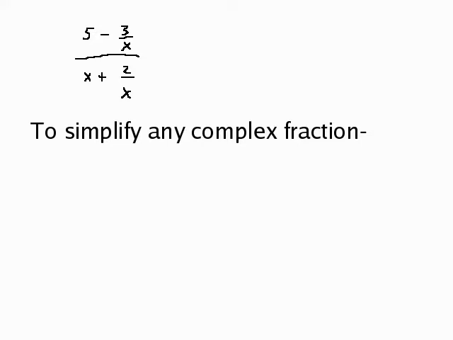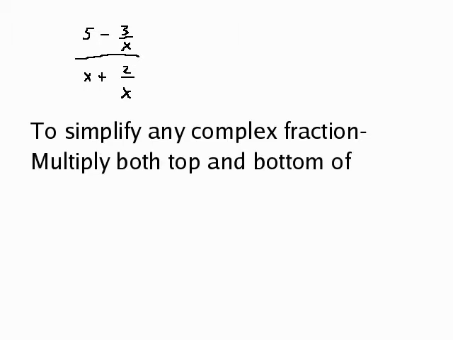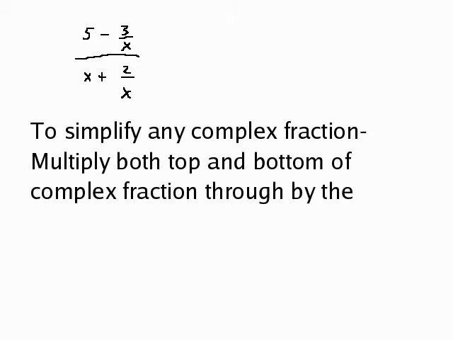We're going to multiply both top and bottom of the complex fraction through by the LCD, and that's huge in Chapter 6, the LCD. It's like winning 90% of the battle in 6.2 here, and then 6.5 if you can simplify complex fractions.